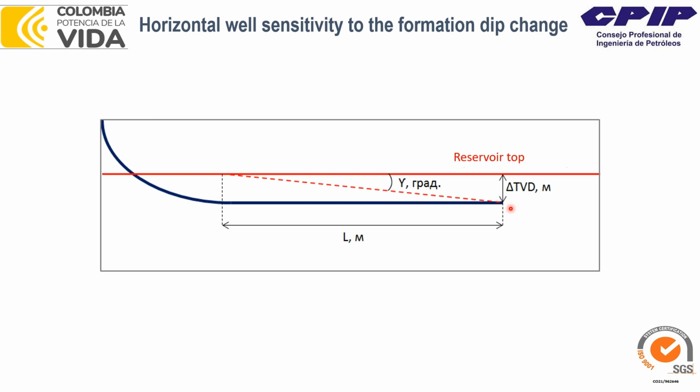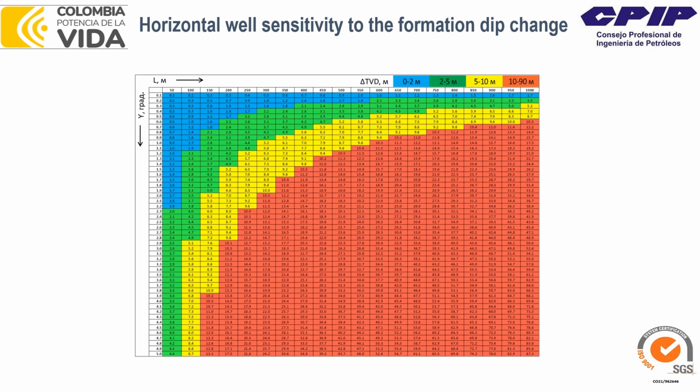Okay. Now let's make a table to calculate the sensitivity for different lengths of the horizontal section and different angles, and have a look at how sensitive different horizontal wells are to formation depth changes. So in this table we have all the calculation done.